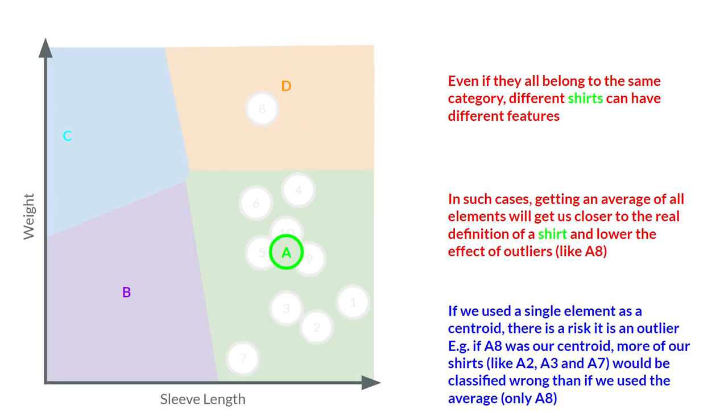If we choose the average as our centroid, we have a more accurate algorithm. Notice how the outlier is still classified wrong. This once again shows how much of an outlier A8 is, and also how it is difficult to achieve 100% accuracy in pattern recognition. Most situations will have outliers that will be misclassified. The objective is to be as accurate as possible and as accurate as it is needed.